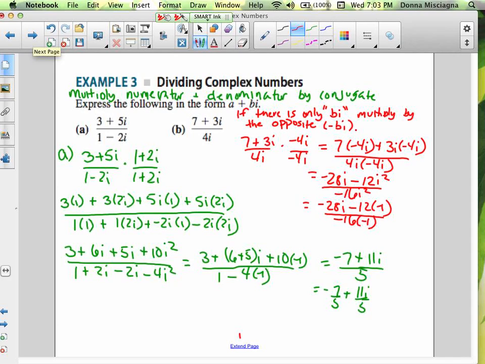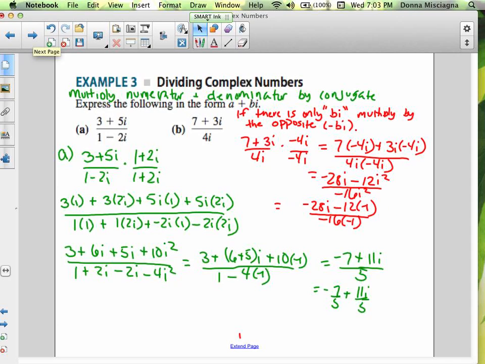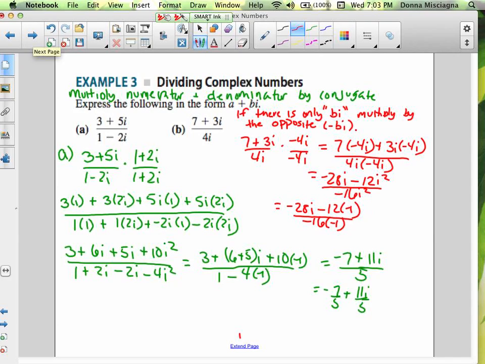So we're going to end up moving this over so that we have a little bit more space. We're going to end up with a positive 12. Let's put that first, because we put the real number first, then the imaginary part. Minus 28i divided by 16. All right, and so now we'll reduce that.